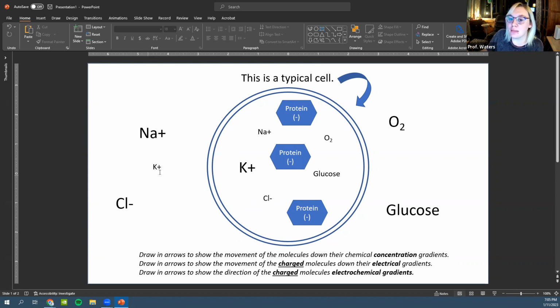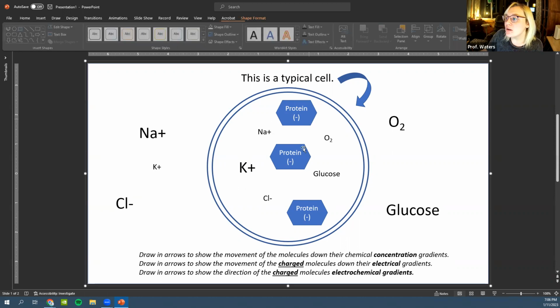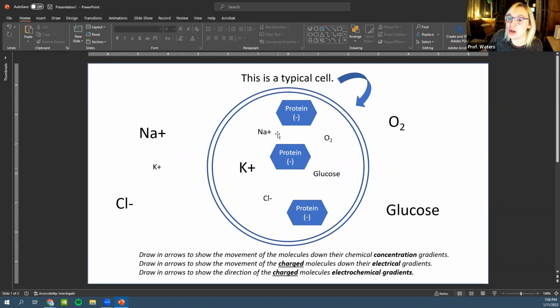We also have some positively charged potassium ions and another larger amount of chloride ions, which are negative. On the inside of the cell, we have our sodium, potassium, and chloride, but we have these large protein molecules that hold a negative charge. So the inside of our cell is going to be more negative than the outside of our cell.